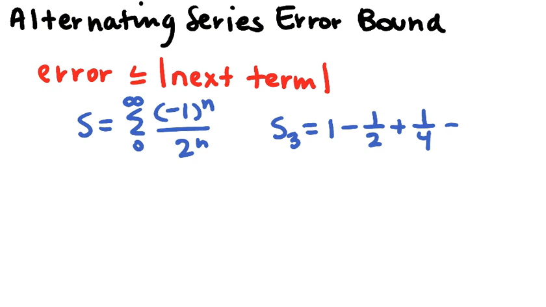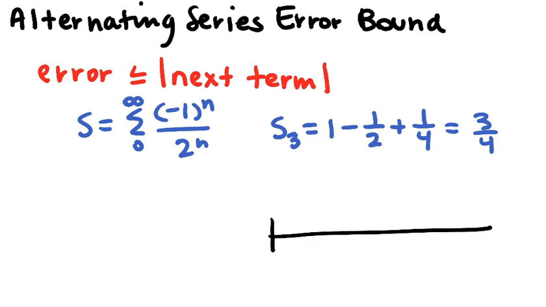So that's like 75 cents, I think. And if we wanted to know the maximum possible difference between 3/4 and the true value to which this thing converges, now we actually can find this because it's a geometric series. Maybe I'll do that in a little bit.